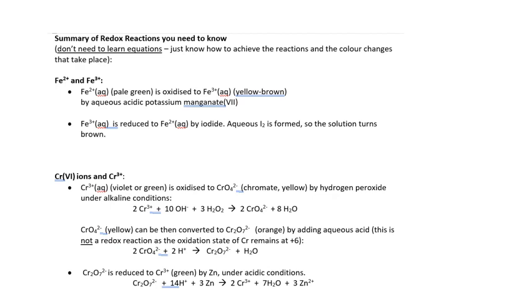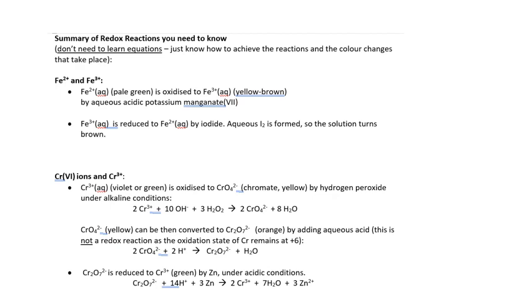And you can bring about that oxidation from 3+ to +6 chromate, CrO4 2-, using hydrogen peroxide in alkaline conditions. So again, you just need to learn that that's the case, and that the colour change you get is from that violet or green chromium 3+ colour to yellow chromate.